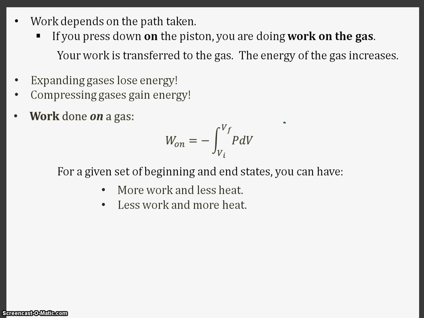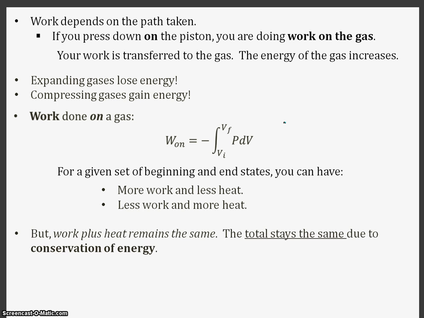But the point is, the work and heat together have to be the same, because you're changing the energy by a certain amount, and the total stays the same. So work plus heat remains the same. The total stays the same due to conservation of energy, because delta U, the change in internal energy, is going to be the same for any given set of beginning and end states. And so it doesn't matter how you get there, the total difference in energy is going to be the same.